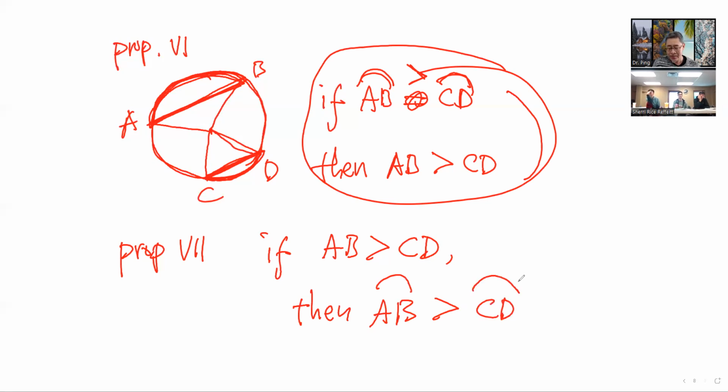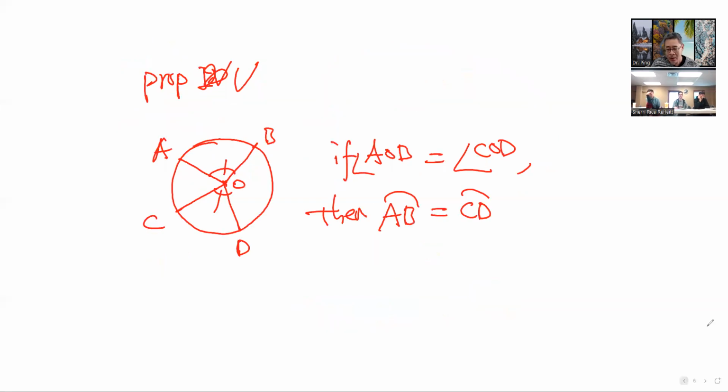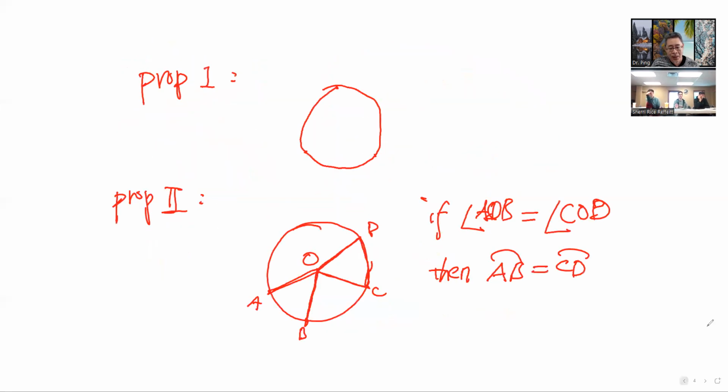Just as a review, we'll recap what we learned today. Proposition 1: go through any 3 points not on the same straight line, then we can draw a circle.